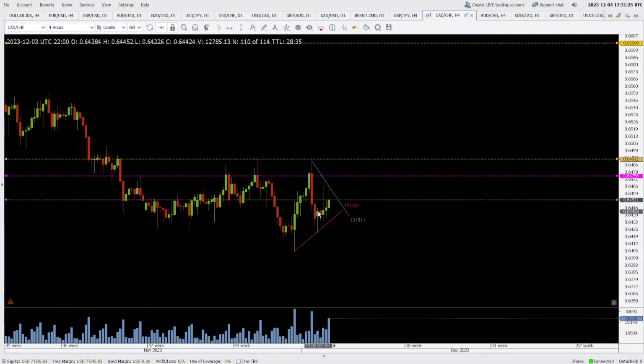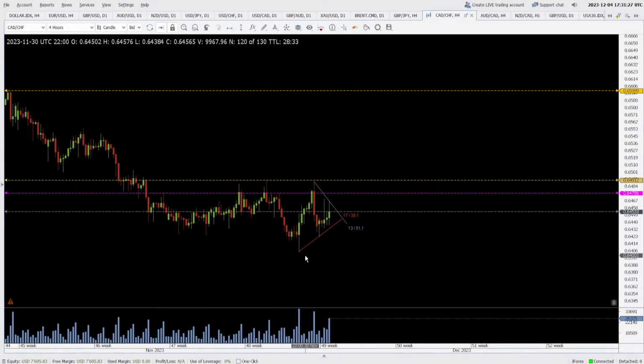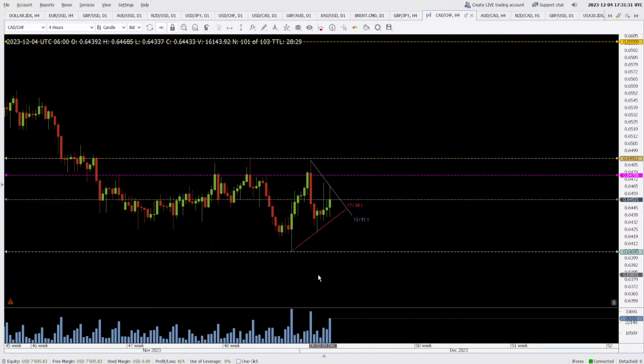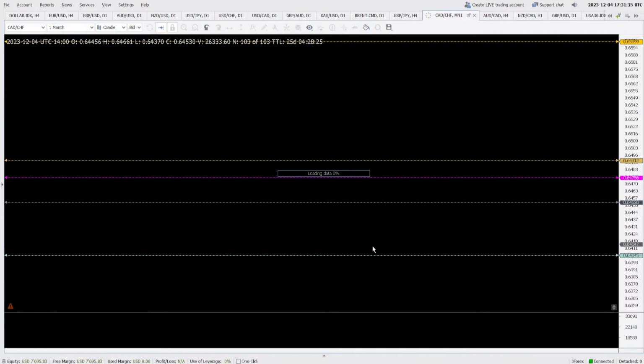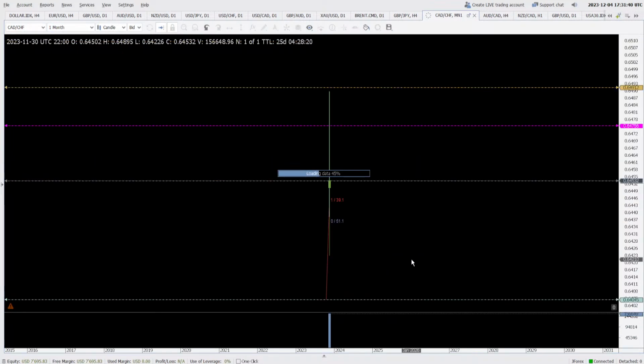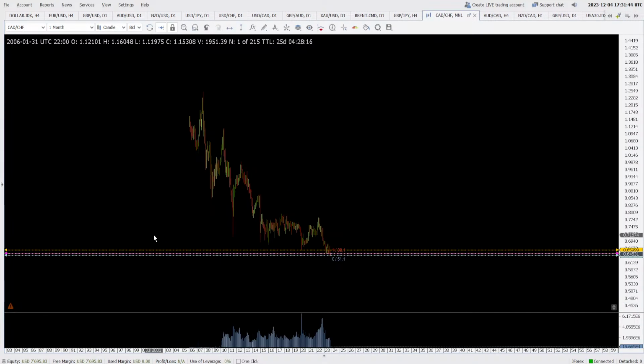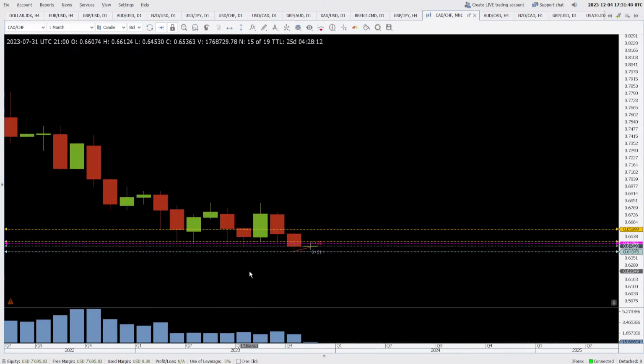But I'm looking for lower prices here, and if the price breaks below this low, which it has recently made, which is the lowest low that the price has made over the period of time. If I go to monthly, you will see that this is the lowest low that the price has made ever. Now I have gone to monthly. You can see that there is no price before that. Of course, there is one on TradingView.